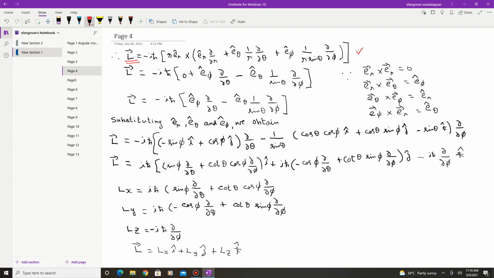Now, since e r cross e r is equal to 0, and e r cross e theta is equal to e phi; these all are unit vectors.